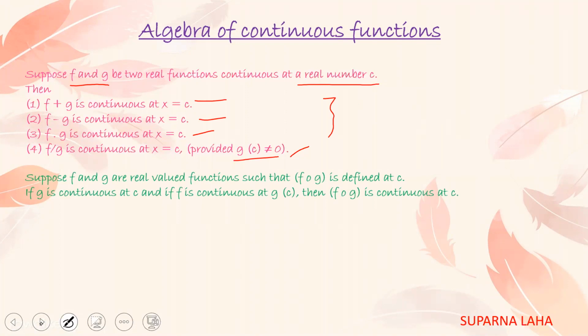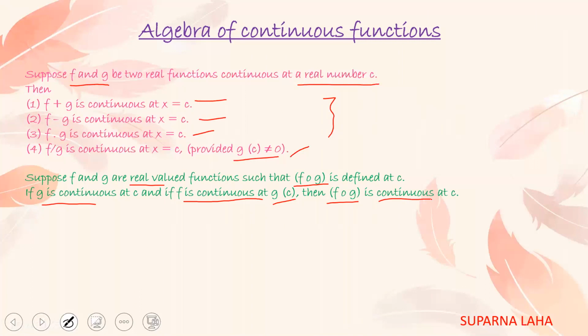Now suppose f and g are real valued functions, and g is continuous, then f composition g is defined at c. And if g is continuous at c and f is also continuous at g of c, then this composition, that is f composition g, is continuous.